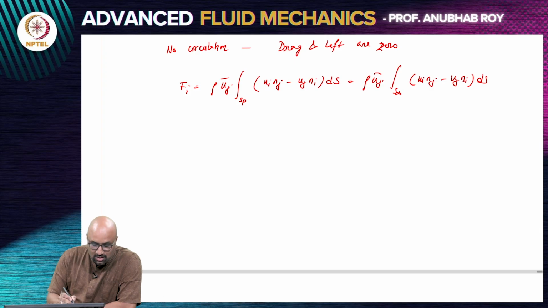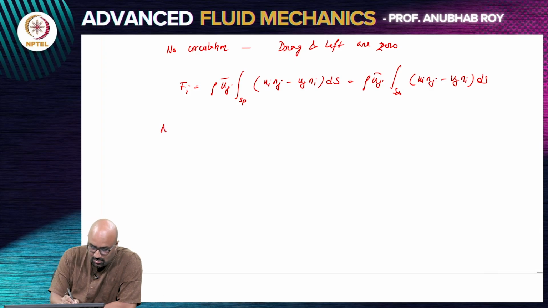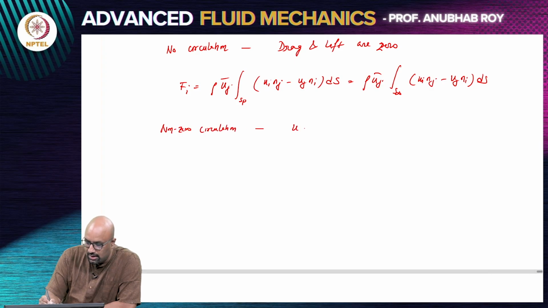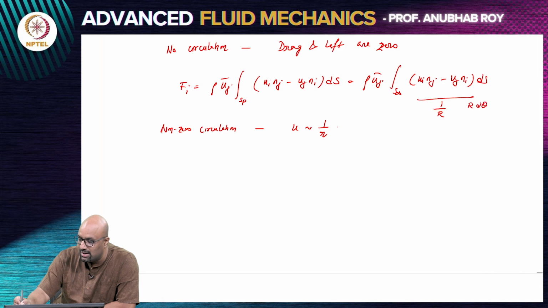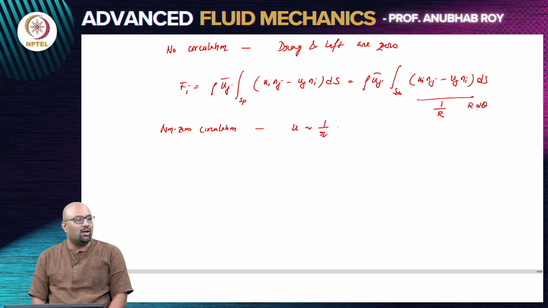Now, if you have circulation, this is only applicable for 2D, then u for large distances goes as 1 over r. Now, look at this integral. The integrand is going as 1 over r. The differential element is going as r d theta, which means that will not be 0. It will have a finite answer.